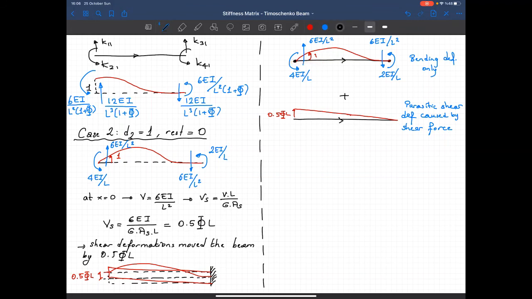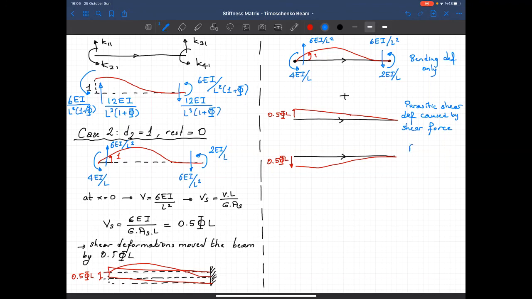So I want to see this. This is our member. I want to have a deformation like that, and this is the total deformation that I want to see.